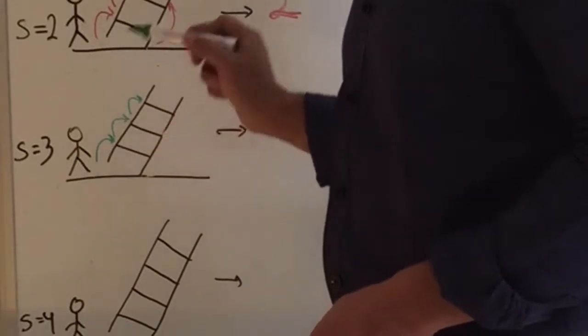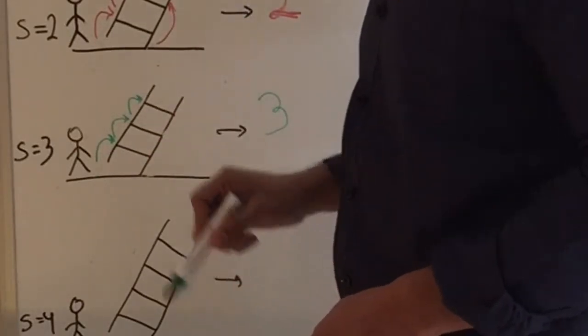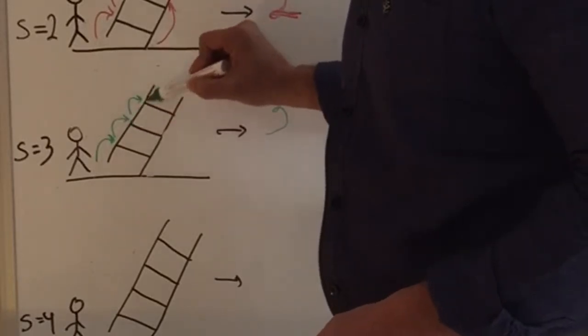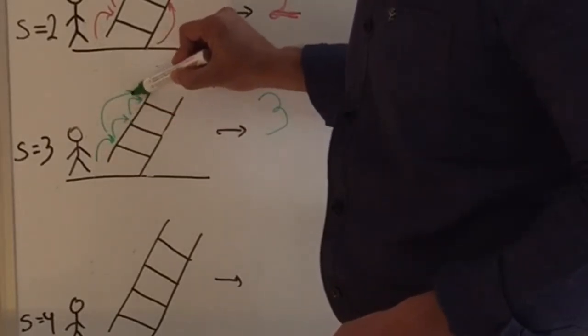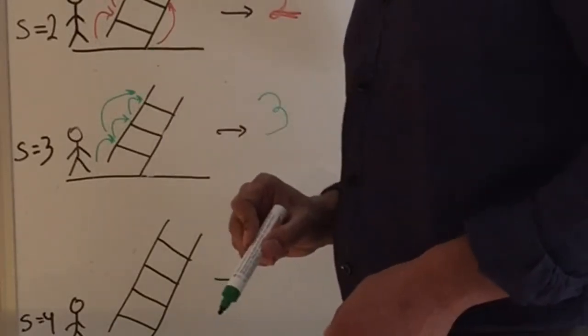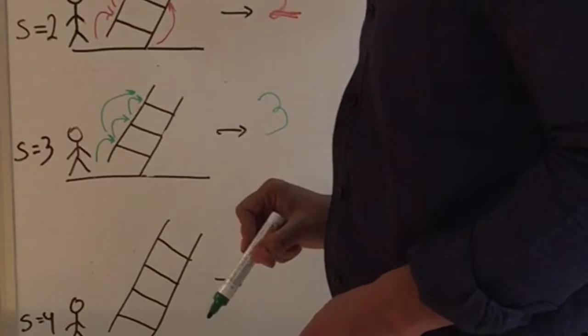This is one way of climbing the staircase. Another way, from step number 1 you can take 2 steps and directly go to the top of the staircase. This is the second way of climbing the staircase.